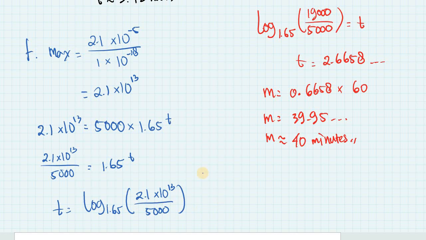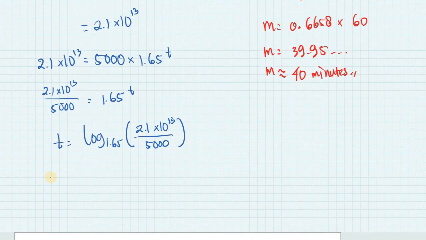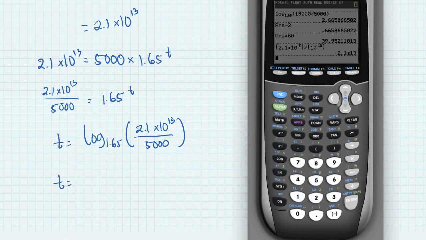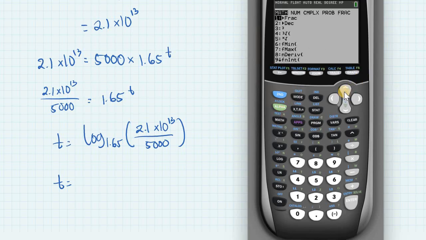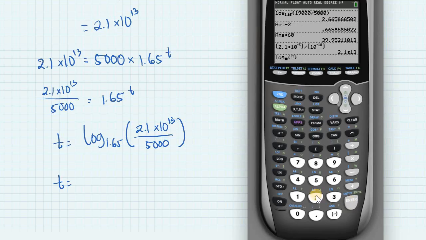Okay, so t is equal to, let's input it to our calculator. Okay, go to math, then log base. Log base 1.65.